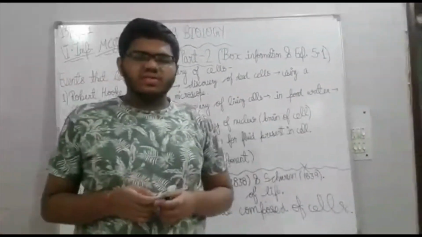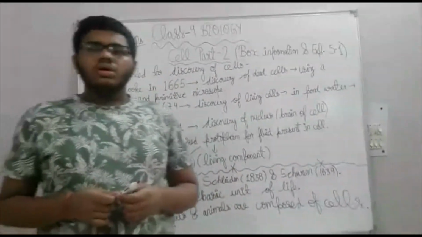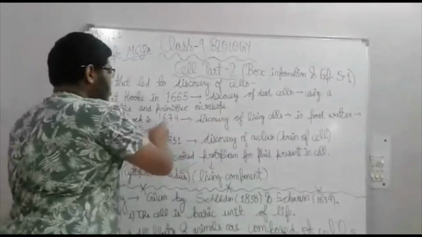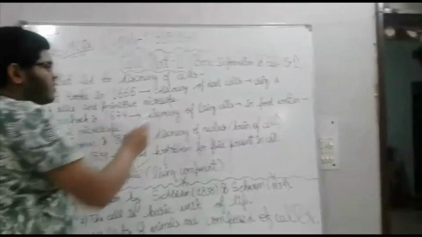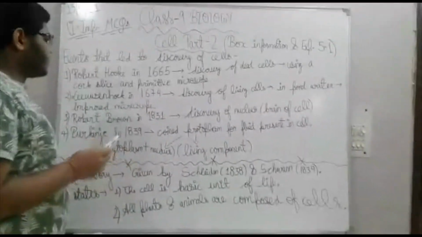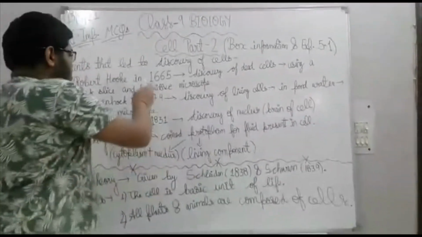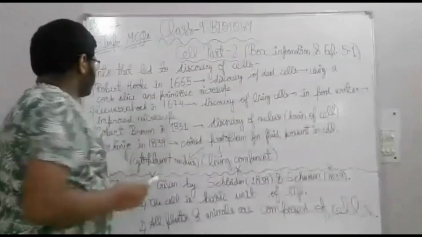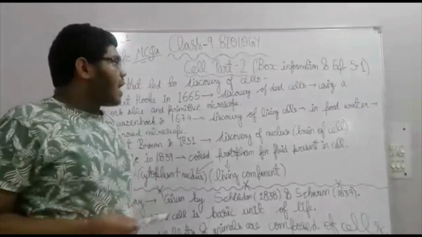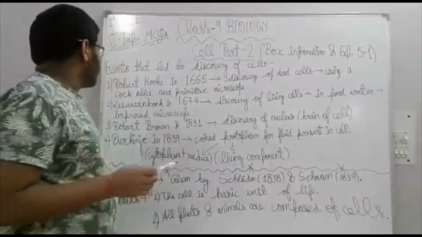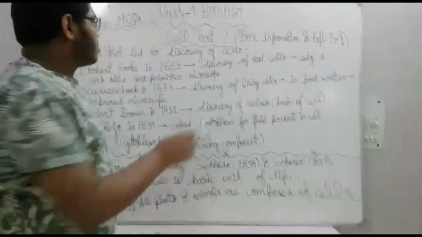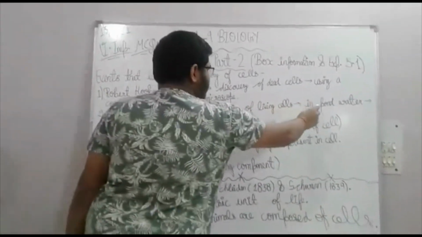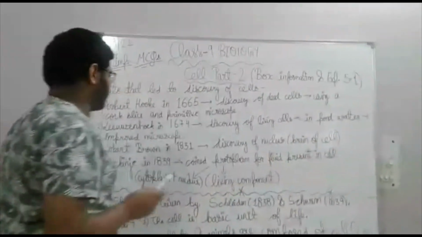The first difference is that Robert Hooke found the discovery of microscope. And another difference, the third one, is that Robert Hooke used a cork slice and Leeuwenhoek used free living cells in pond water.